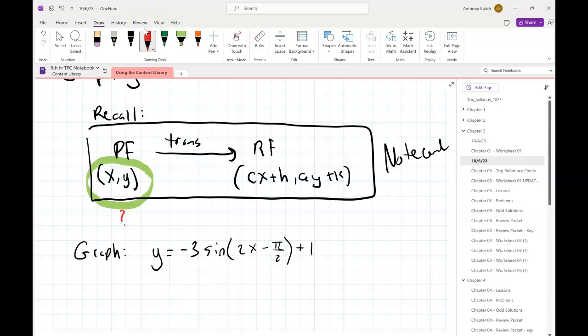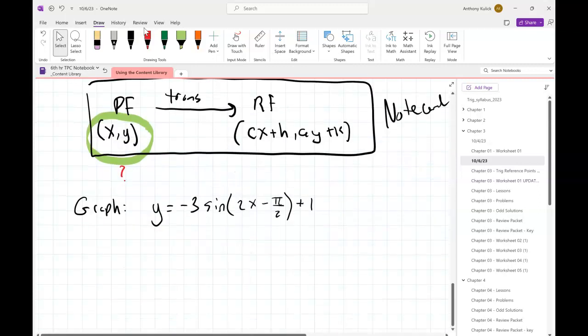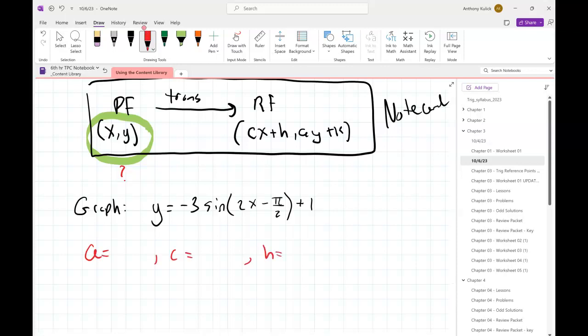First thing I want to do is find the values for A, C, H, and K. Everything that I do revolves around these values. Almost every problem I'm doing this chapter, the first step is going to be coming up with these values.